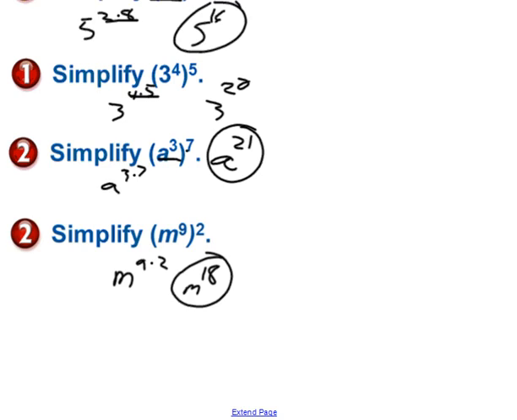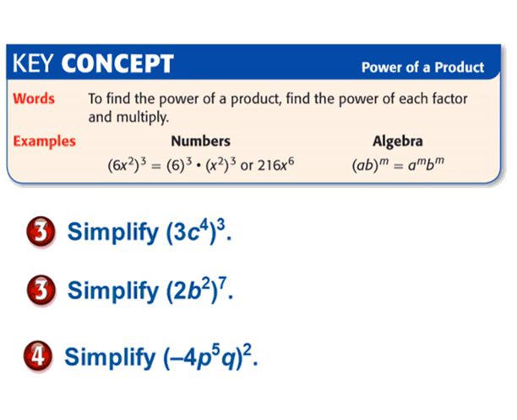Continuing on here, now we've got the power of a product. Find the power of each factor, each part, and then multiply. Here's an example: 6x squared to the 3rd power would be 6x squared times 6x squared times 6x squared. If I collect all my 6's, I've got 6 to the 3rd, right?